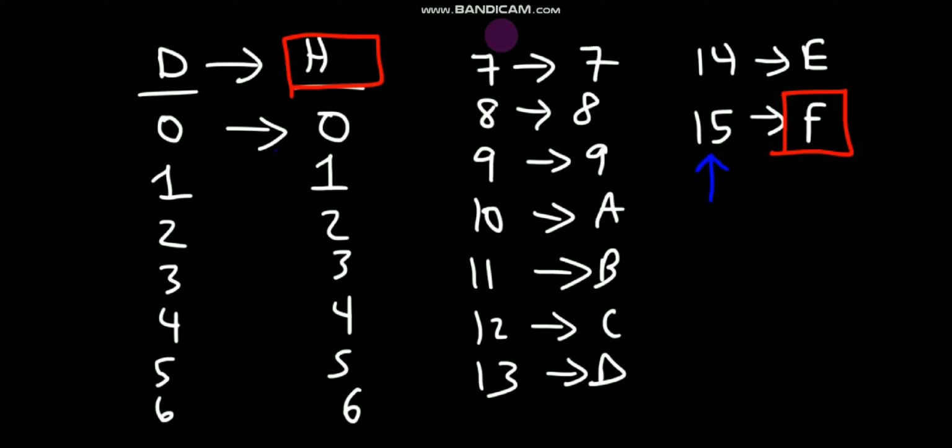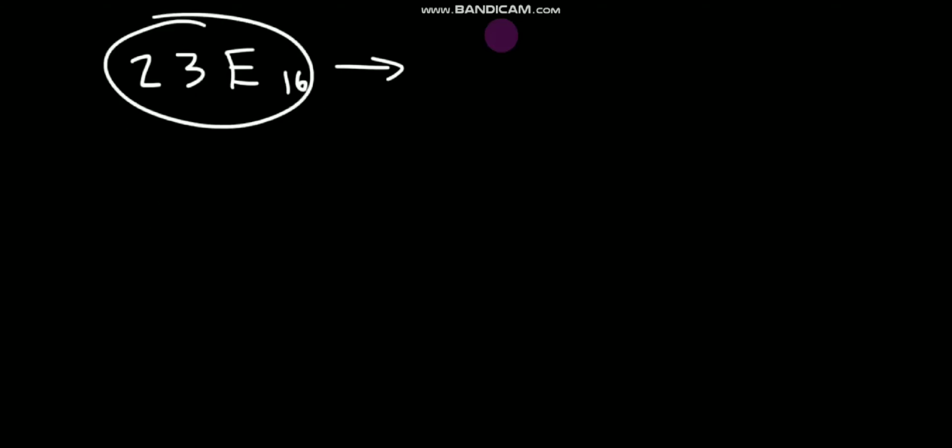With the help of this, we will convert the numbers which we get in hexadecimal to all three different number systems. So first it is hexadecimal to decimal. In this we are considering the first number, 23E. This is base 16, a hexadecimal number. We have to convert this hexadecimal number into a decimal number.